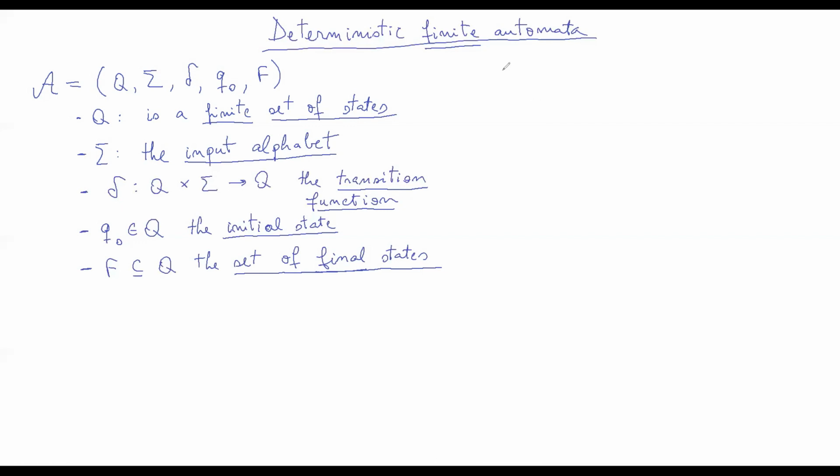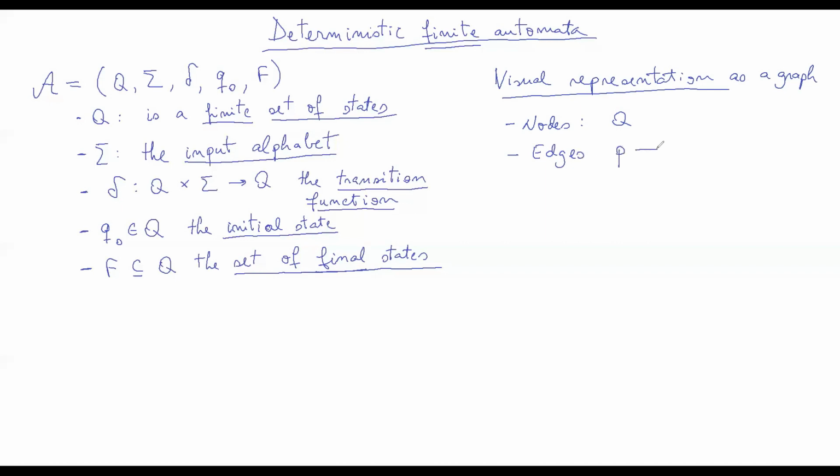So, describing a visual representation of an automaton, you could visually represent this simply in the following way, as a graph, where the nodes are all the elements of Q, and you have edges from P to Q whenever delta of P and A is Q. You will also have a label on these edges.